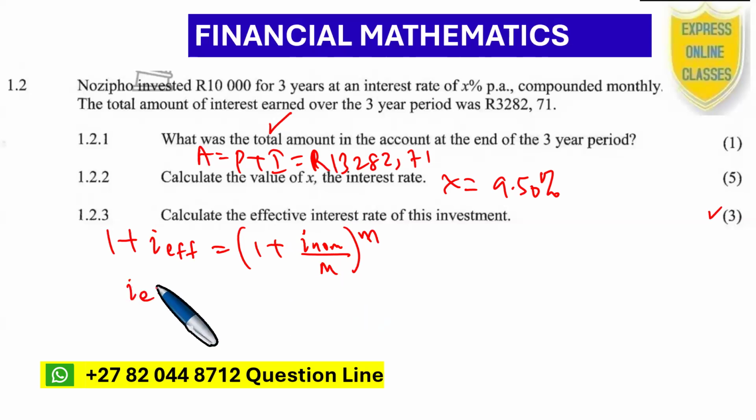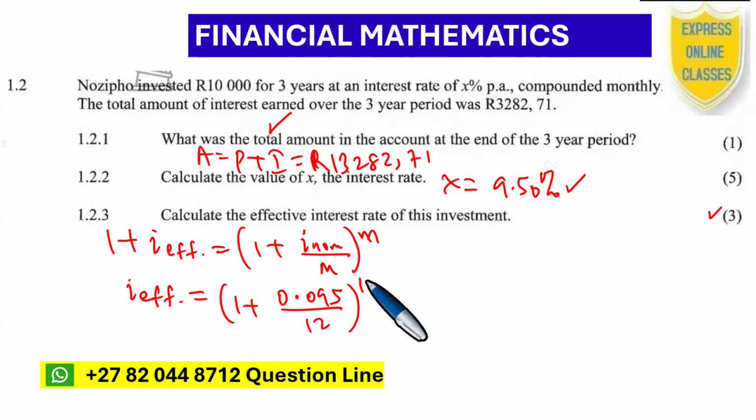Meaning, to find the effective interest rate, it is therefore 1 plus, we got the nominal before, 9.50% divided by 100, it's 0.095. You divide by 12, raise it to the 12th power, and minus 1.